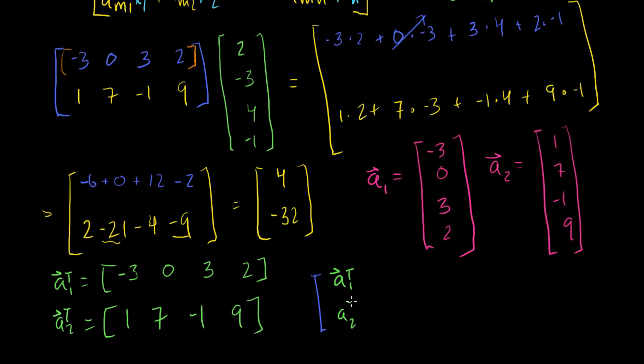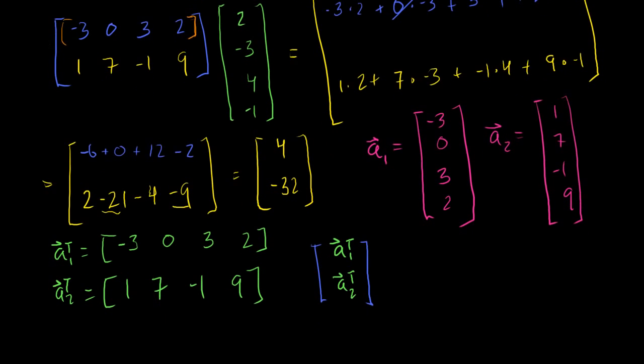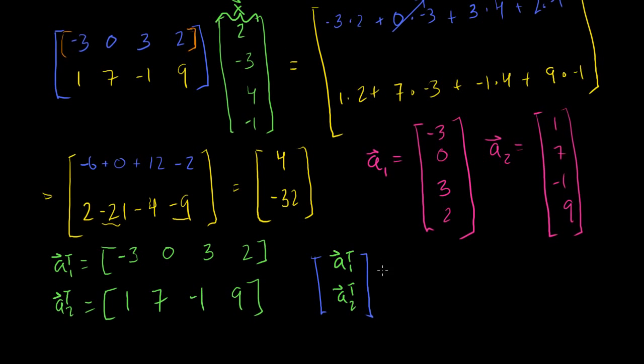The transpose should be the superscript. These are vectors, now row vectors. This matrix can be rewritten exactly like this, because this is the first row, this is the second row, times the vector, which I'll just call vector x.